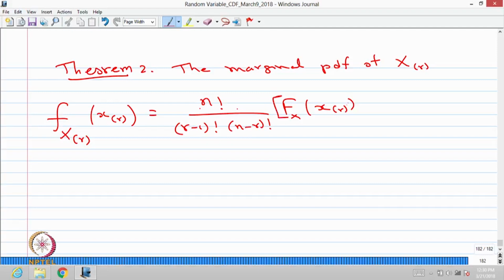This CDF raised to the power r minus 1, multiplied by 1 minus the CDF of any one random variable, all are identical, evaluated at x bracket r, raised to the power n minus r, multiplied by the probability density function of any one random variable evaluated at x of r.